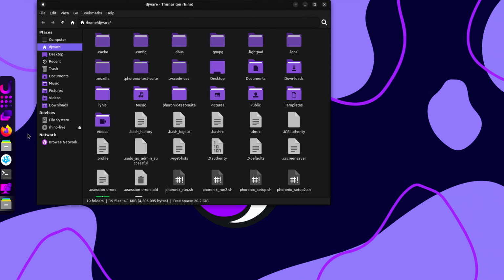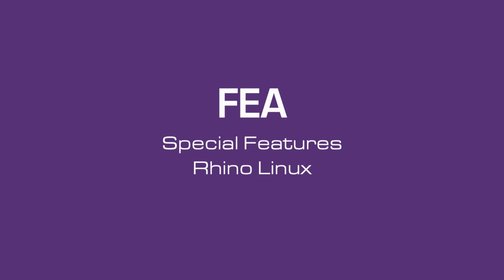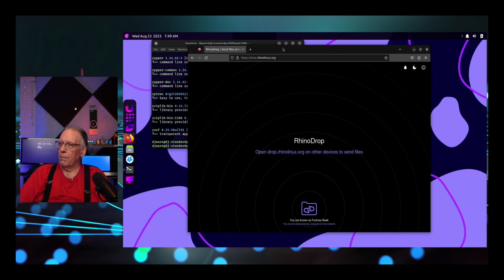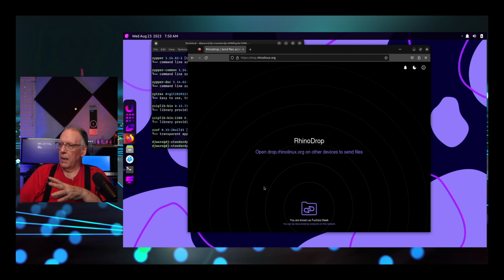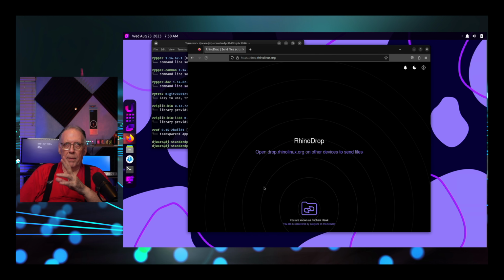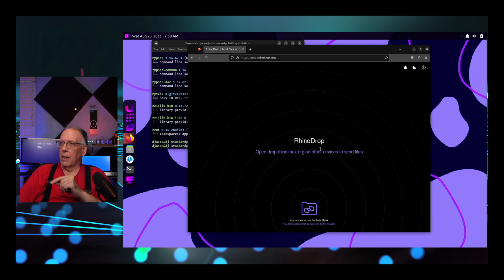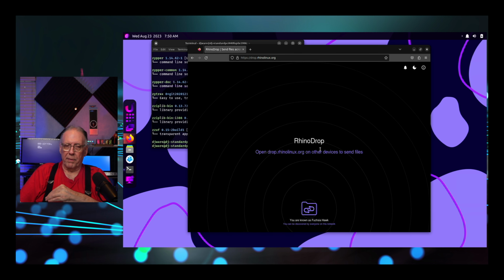I think it's really good. It kind of reminds me of Firefox a little bit, and then has the Rhino head. So very well done. This allows you to move files from one machine to another, and this does encrypt the channel but not the file. So it will encrypt the file as it's being sent over the network.